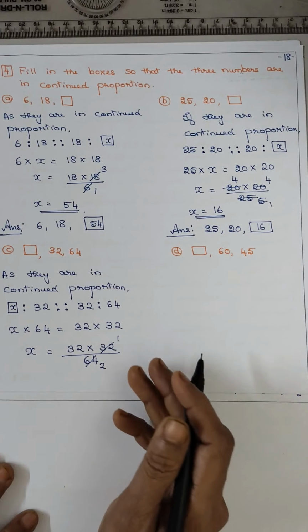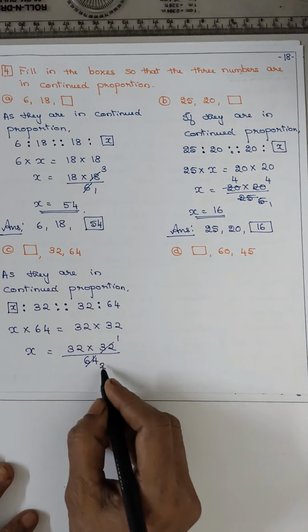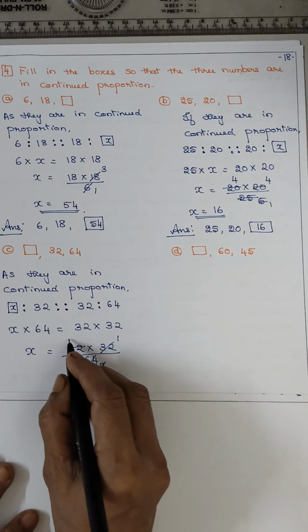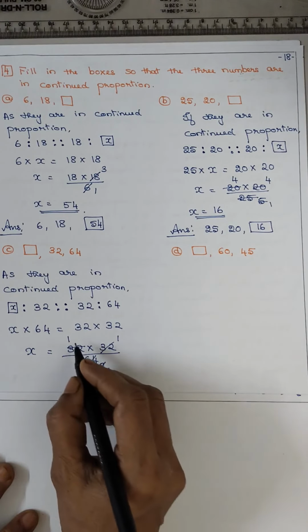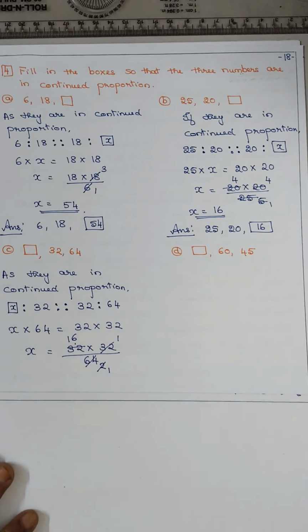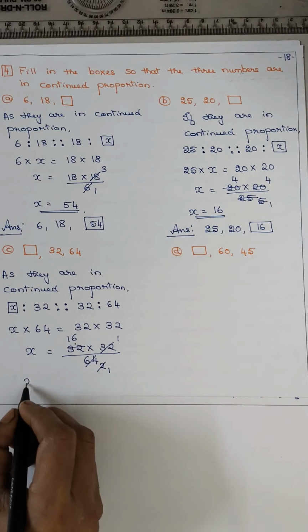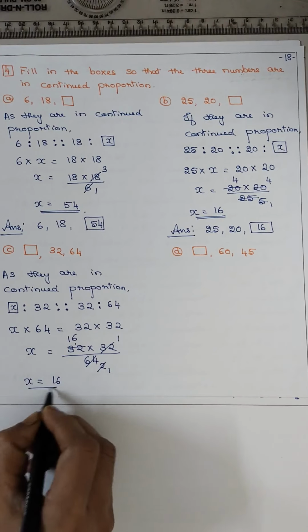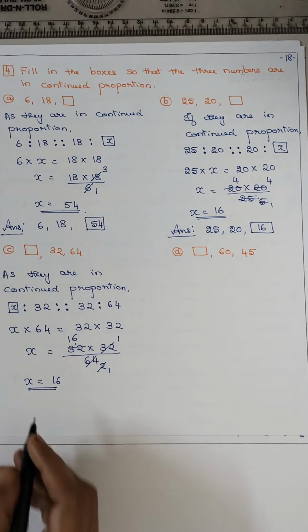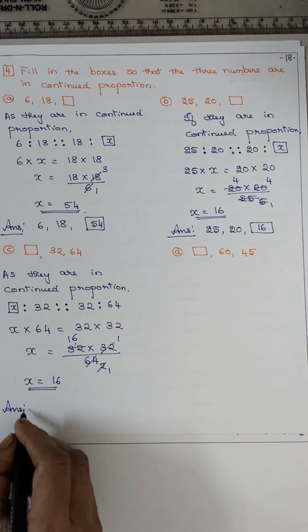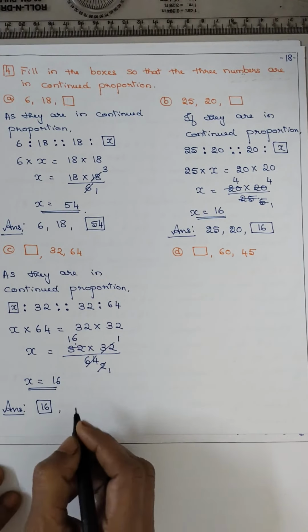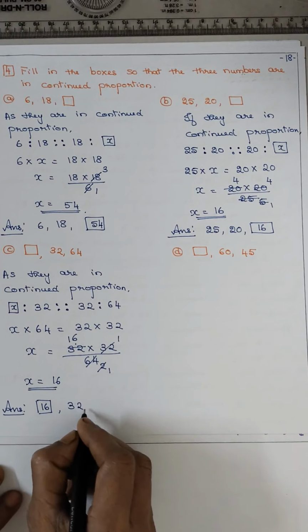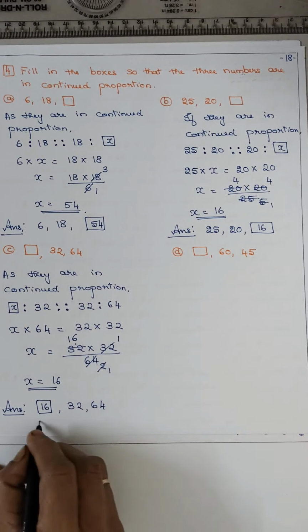Now 2 ones are 2, 1 remains, 1 and 2 12, 2 6 are 12. So you got x is equal to 16. Now answer box, that is 16, then 32, then 64.